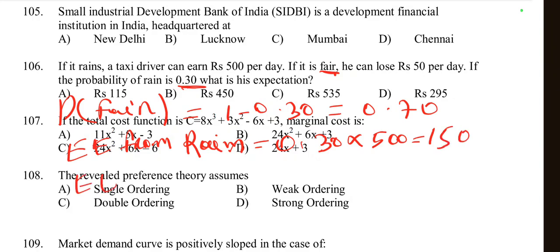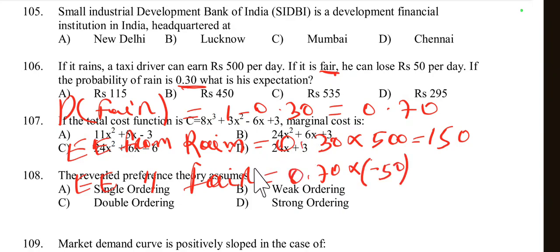Then expected earning from fair weather is equal to 0.70 into minus 50, because in fair weather he loses rupees 50. So 0.70 into minus 50 is equal to minus 35.